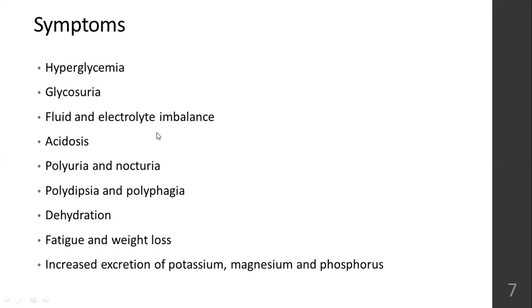When there is glycosuria, too much glucose and ketone bodies are getting pushed out of your blood. So what happens is that you will lose a lot of potassium, magnesium, and phosphorus, along with glucose and ketone bodies that are getting lost from the body.